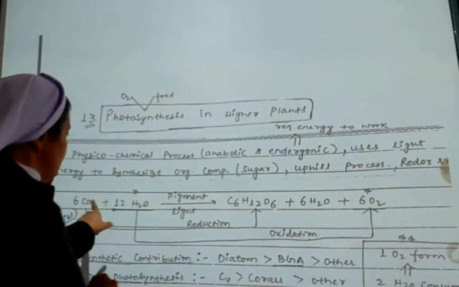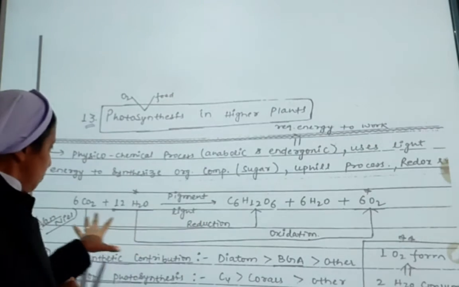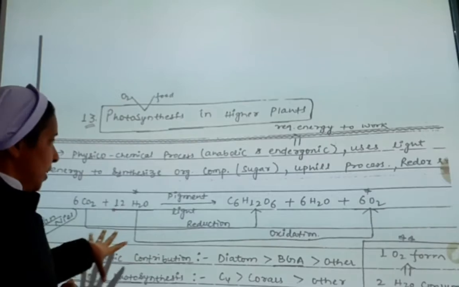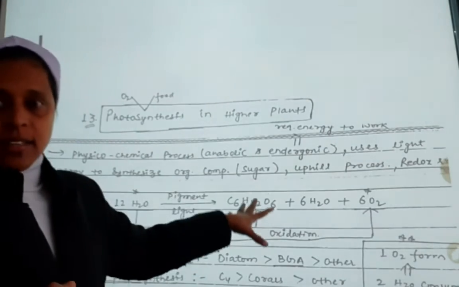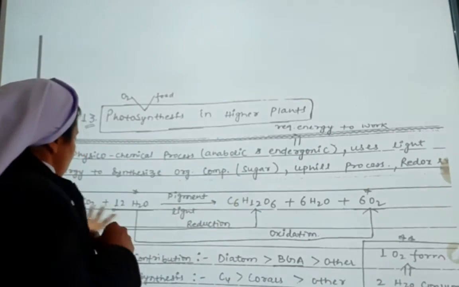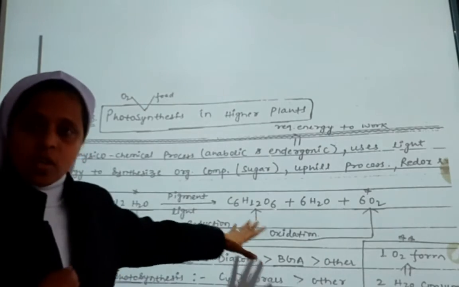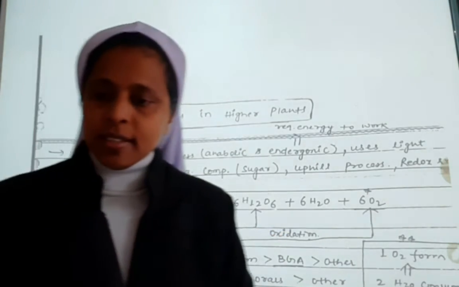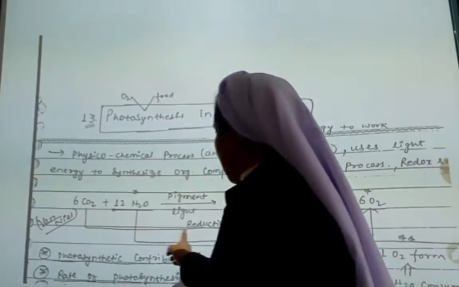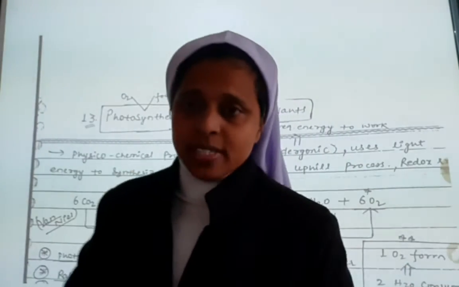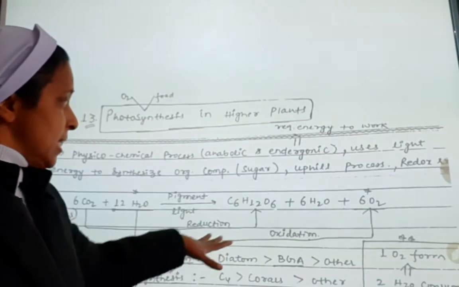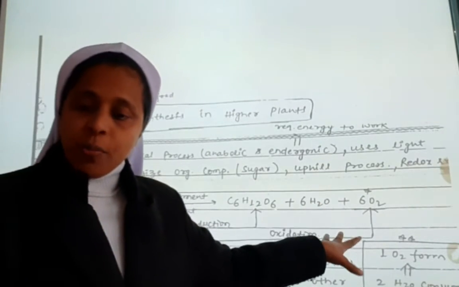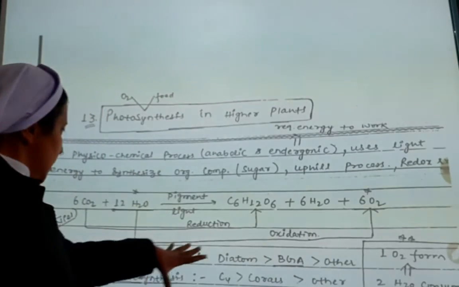Once again I repeat, you can see in the above equation, very important: when glucose is formed from carbon dioxide, that reaction is called reduction. And when the water molecules are being broken, we call it oxidation. Did you understand? I hope you have understood it clearly.